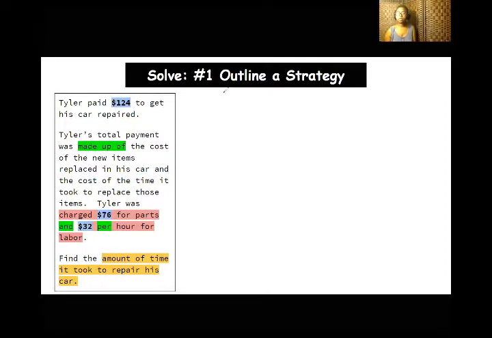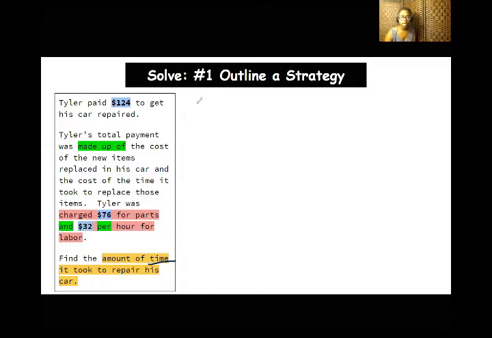So first, what we want to do is label our unknown, okay? So our unknown is time, as we see down here, amount of time it took to repair his car, and our time is measured in hours.